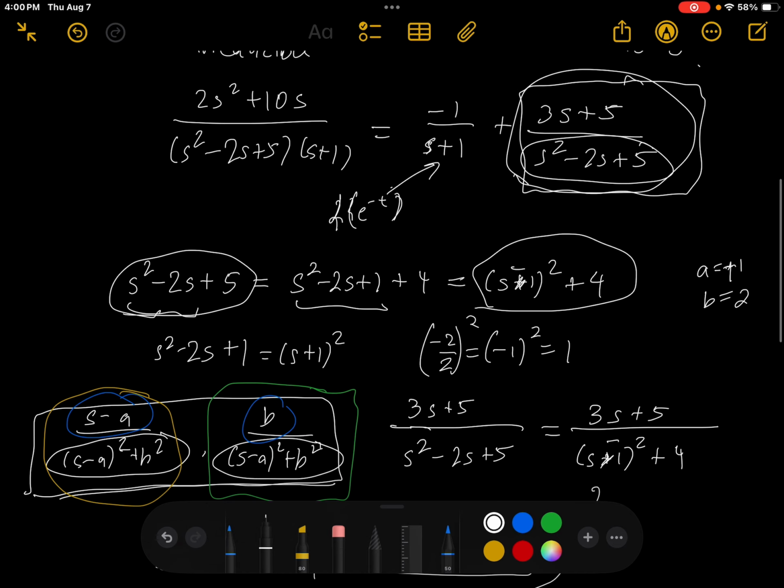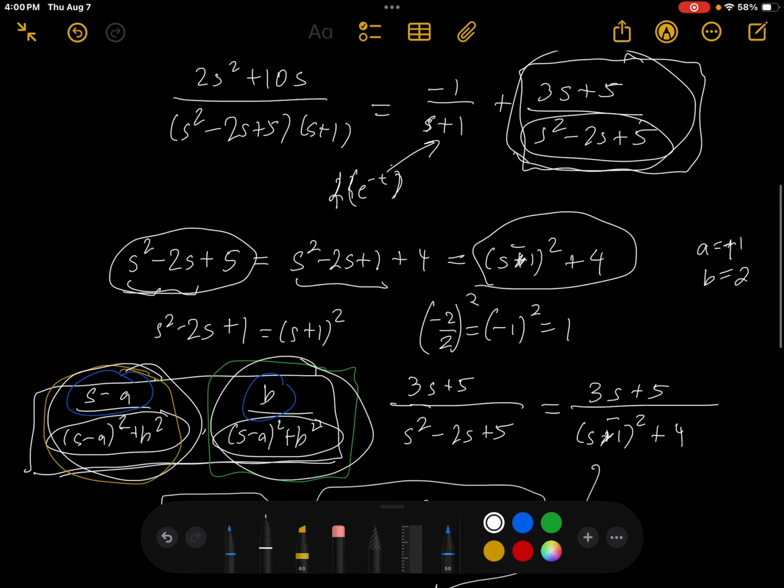And the idea is that you know how to do the inverse Laplace transform when you have things like s minus a over s minus a squared plus b squared, and b over s minus a squared plus b squared. So you want to write it in terms of those so that you can do the inverse Laplace transform.